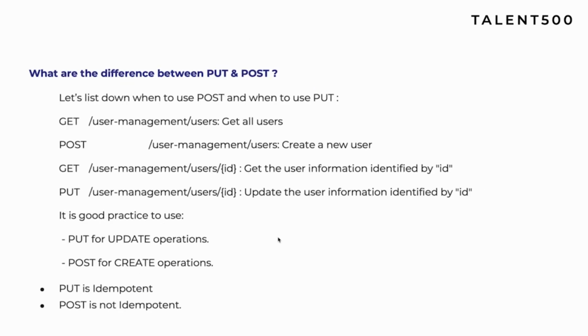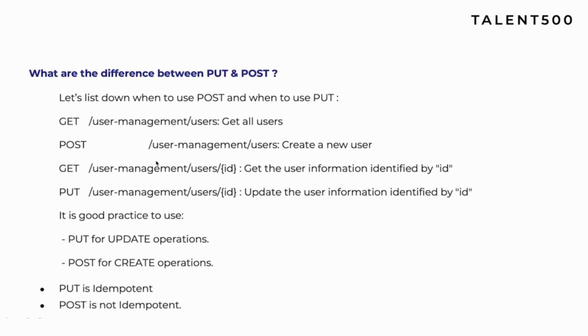What are the differences between PUT and POST? In our previous series, I explained PUT, POST and PATCH properly. So if you haven't watched it, then do watch that video. Basically, overall, PUT is for update operations and POST is for create operations, right?